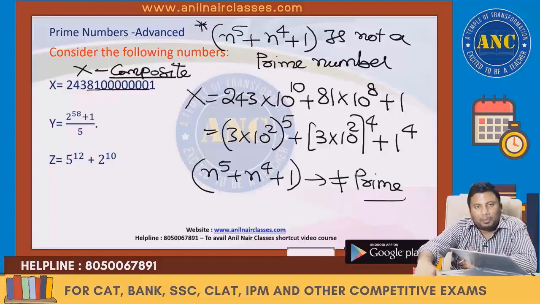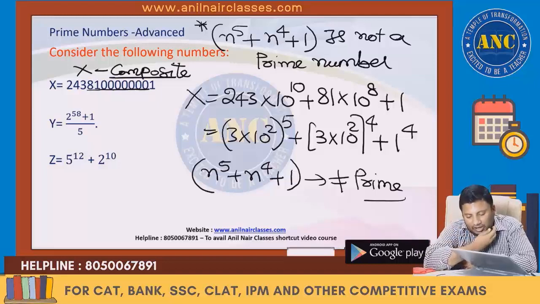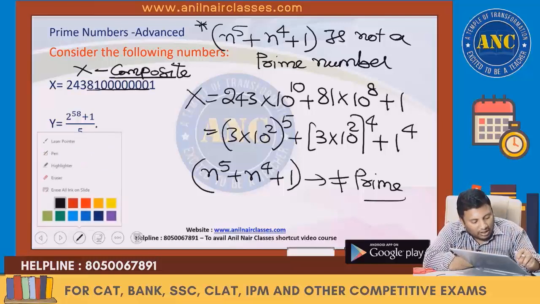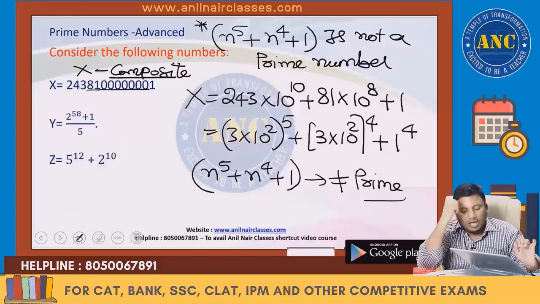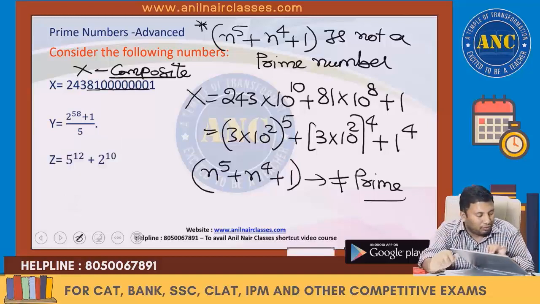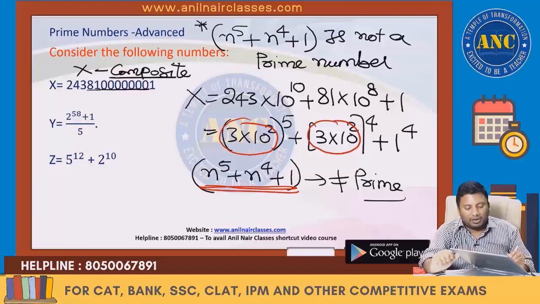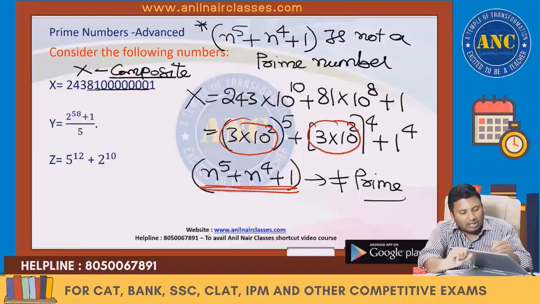n power 5 plus n power 4 plus 1: 243 into 10 power 10, 81 into 10 power 8 plus 1, so it is 3 into (10 square) power 5, 3 into (10 square) power 4 plus 1. If I call this n power 5 plus n power 4 plus 1, this is not a prime number.